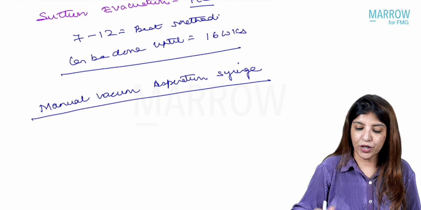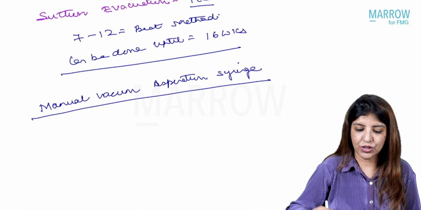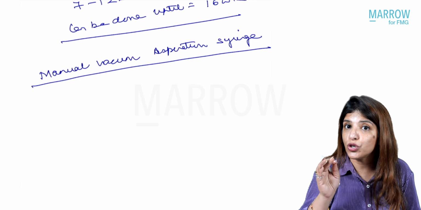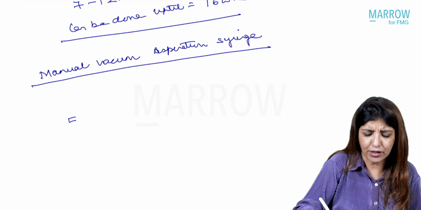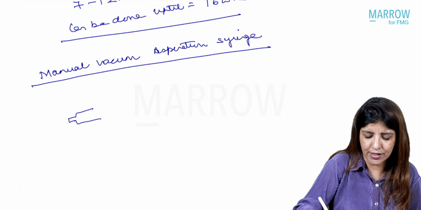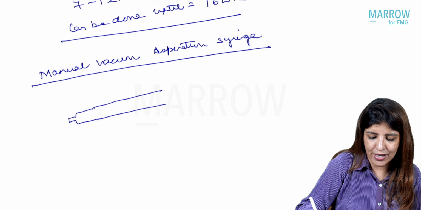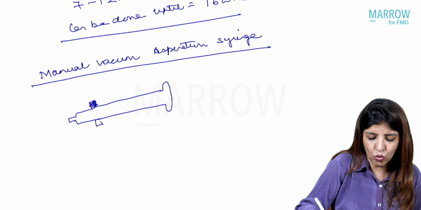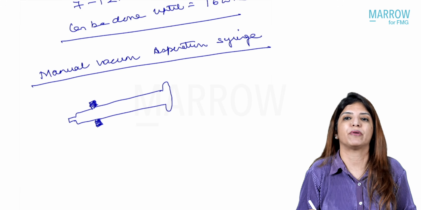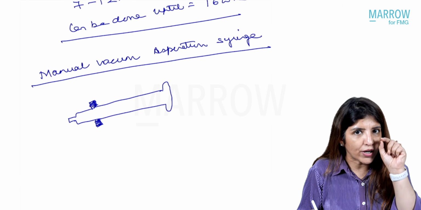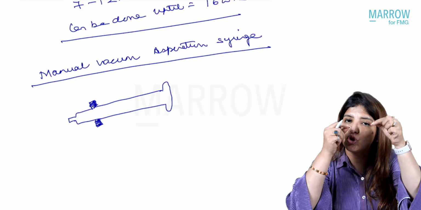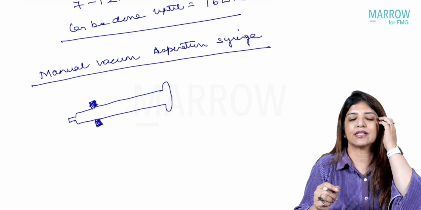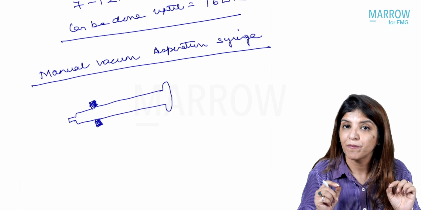Now, in the videos, I have shown you this syringe, and the typical thing about this syringe is that it has two pinch valves. There are two valve-like structures present in this syringe. So whenever you see a plastic syringe with two valves, that means it's an MVA syringe, right?